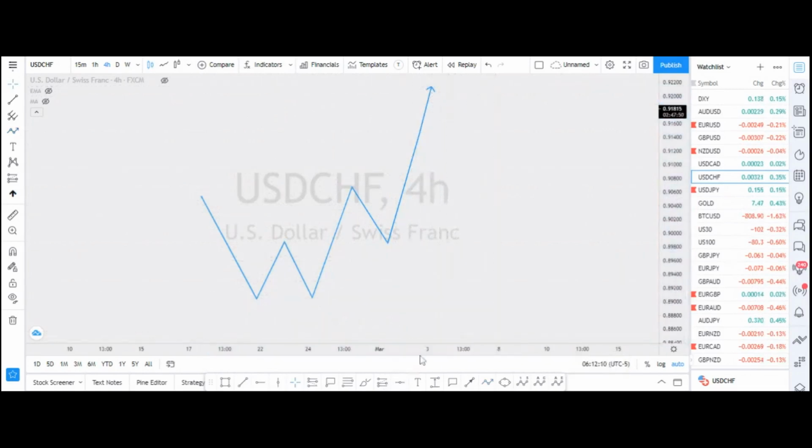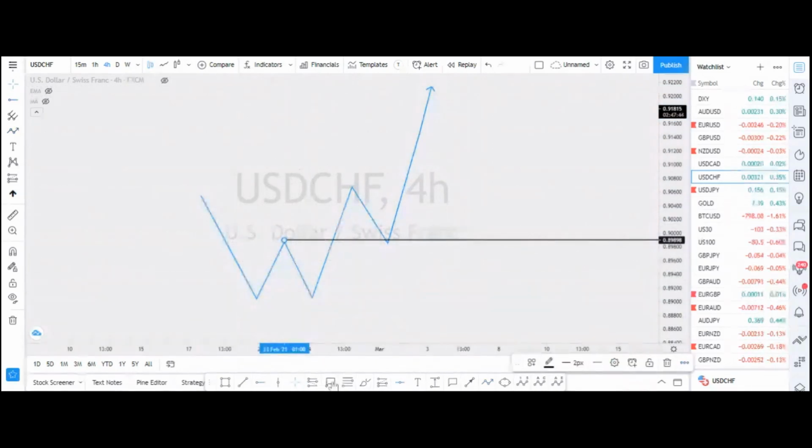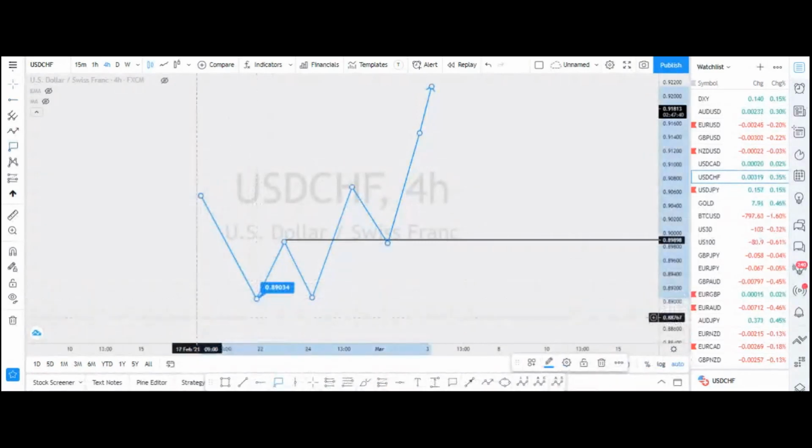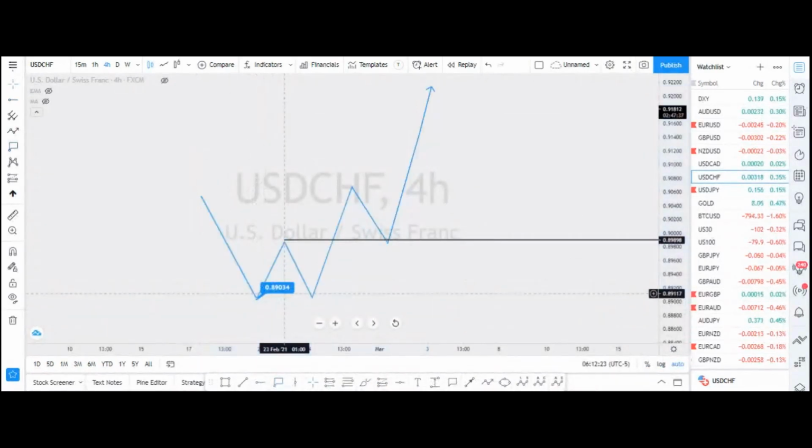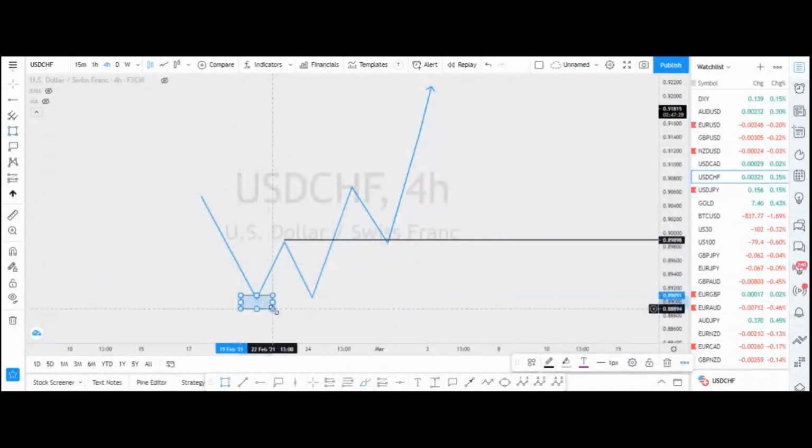This is the first bottom, right here. And this is the second bottom.